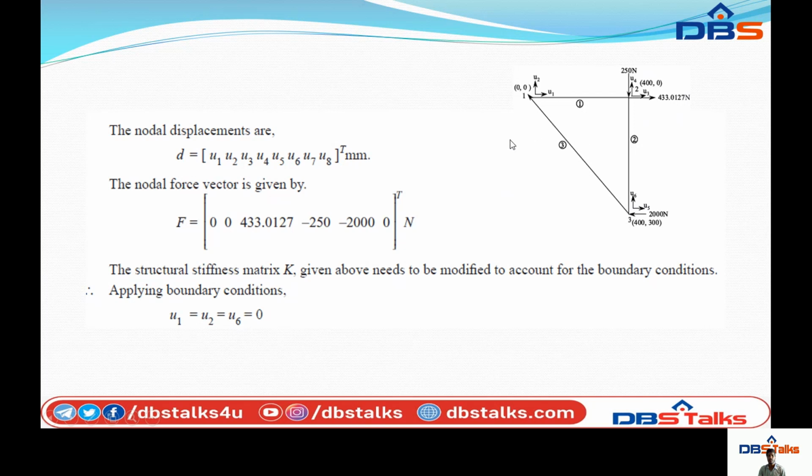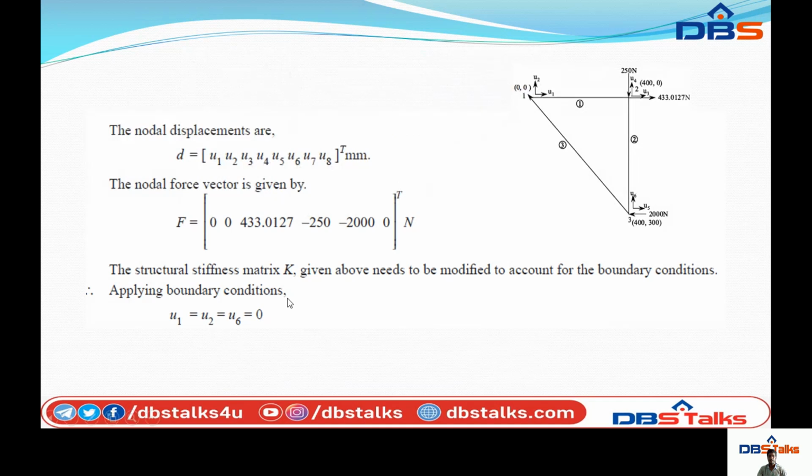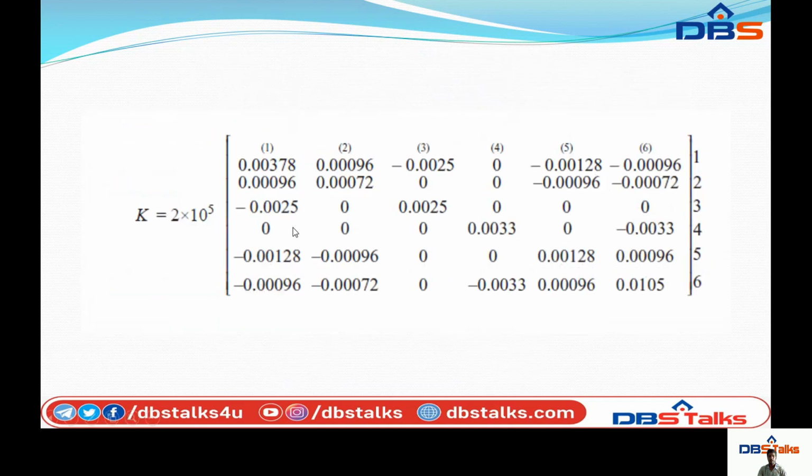Based on that, I am taking the boundary conditions U1, U2 and U6 equal to zeros. The reduced finite element equation is as follows, by taking the boundary conditions U1, U2 and U6.